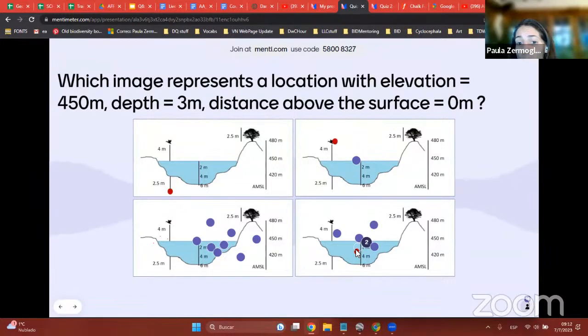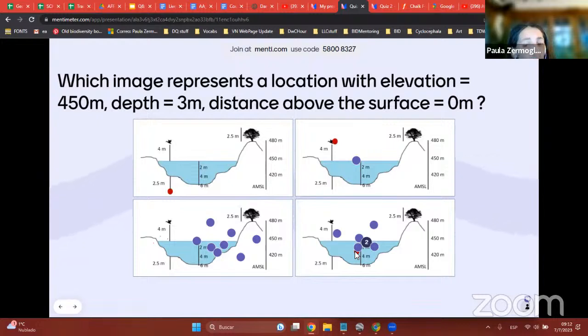Here, since we're not referring to any other surface but the top of the lake, it doesn't make any sense to report distance above the surface, because this would be a distance below the surface, which we already have, because we account for that when we talk about depth. This is already reported as depth.